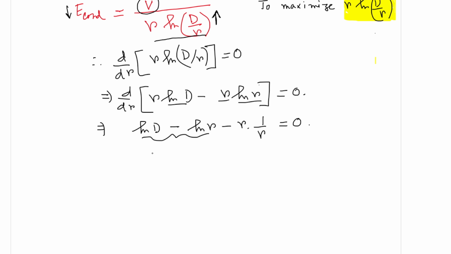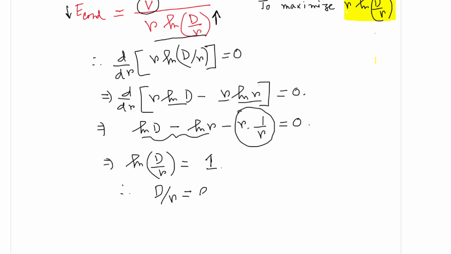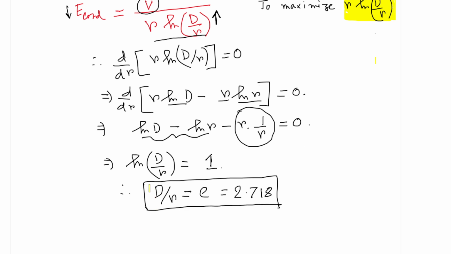Now with these two terms, again we have one term ln D by r, and with this we have 1 on the right hand side. So we have a very significant relation, that is D by r is equal to e, which is equal to 2.718. It is a very important relation.